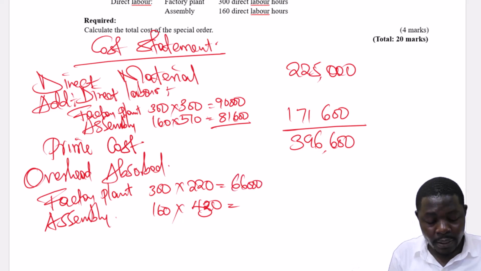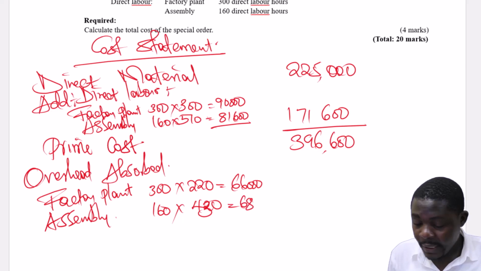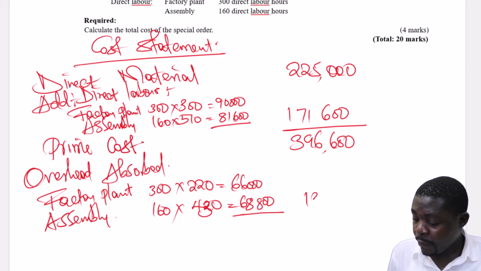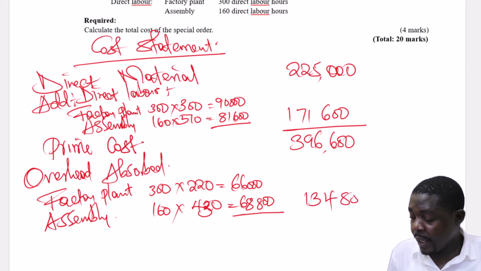And then 160 multiplied by 430, you get 68,800. When you add 66,000, you get 134,800.